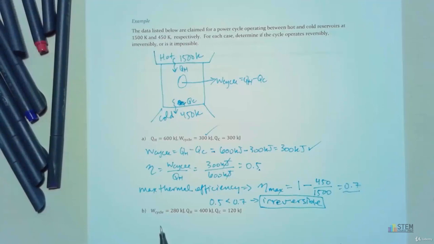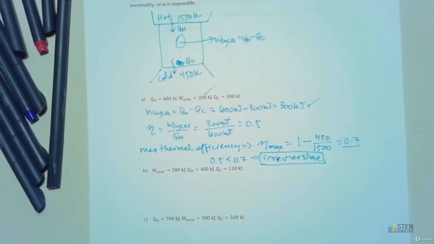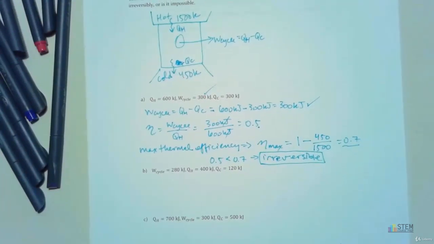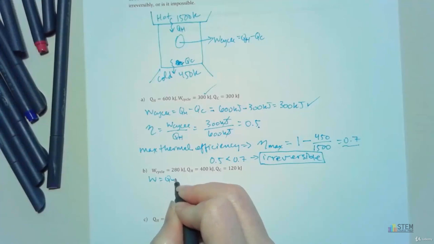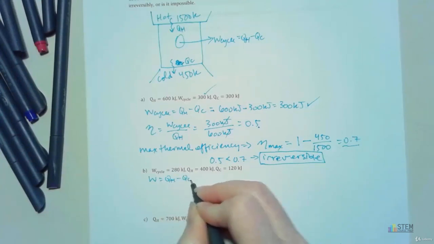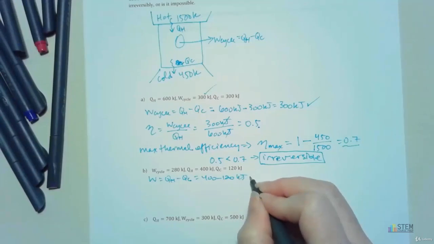Part B, this one, work of the cycle is 280. Our QH is 400. QC is 120. So let's see if this one makes sense. First thing we want to do is verify this 280. So our work is QH minus QC. So we have 400 minus 120 kilojoules.